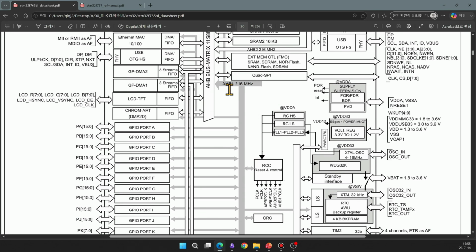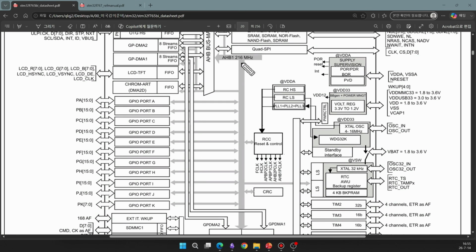So if we follow this bus, we can see that it extends all the way over here. Then, you can confirm that it is directly connected to this very GPIO port. So even if you don't fully understand what the GPIO is yet, just know that data exchange with this specific GPIO occurs using the AHB1 bus for both transmission and reception.